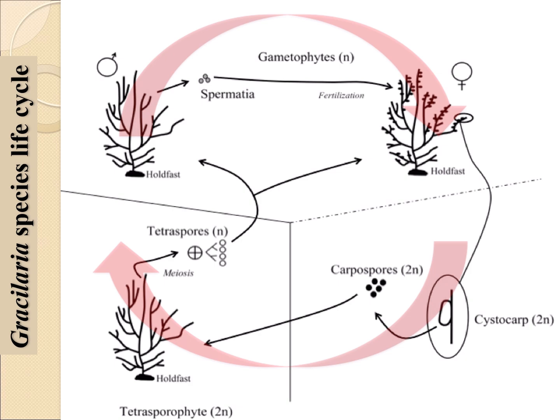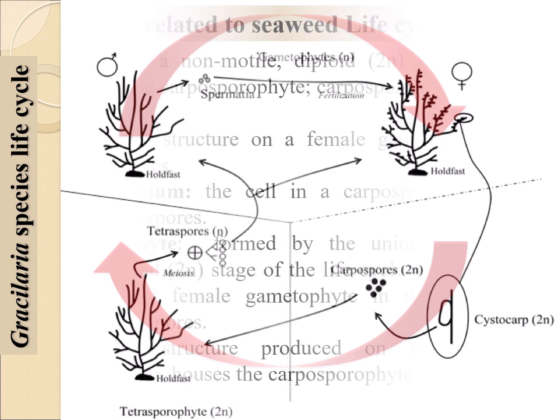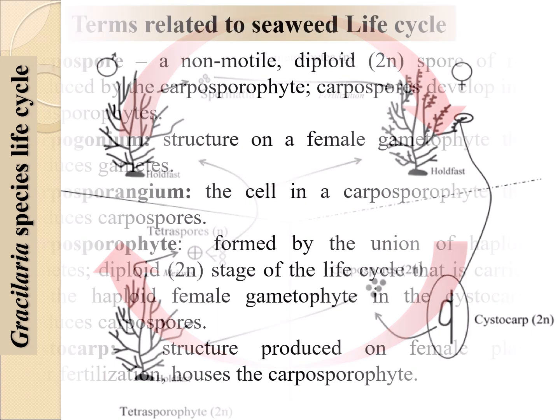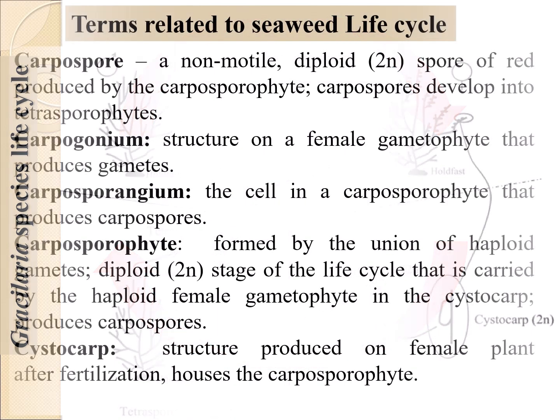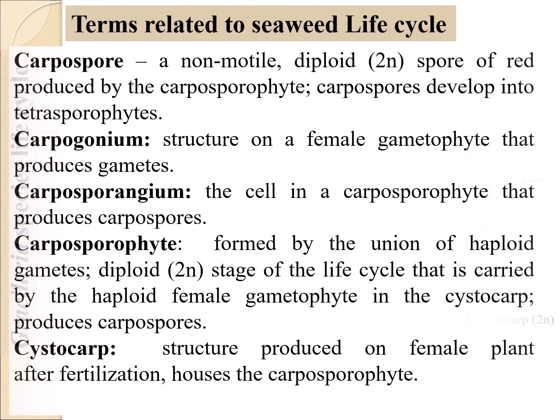Let's study some very important terms related to the seaweed life cycle. Carpospore: a non-motile, diploid, 2N, spore of red algae produced by the carposporophyte. Carpospores develop into tetrasporophytes. Carpogonium: structure on a female gametophyte that produces gametes.